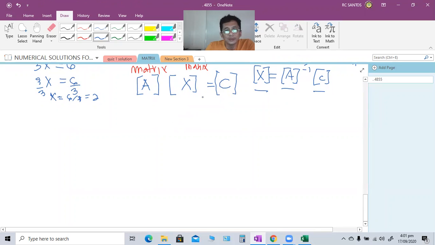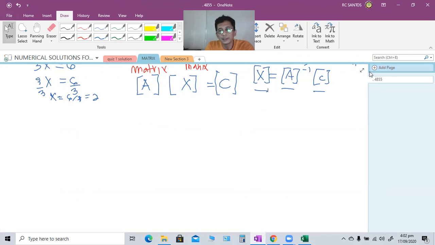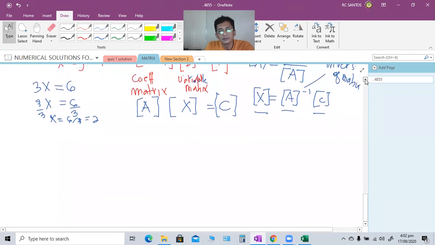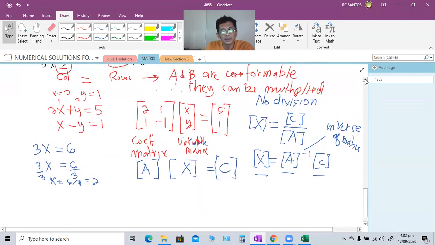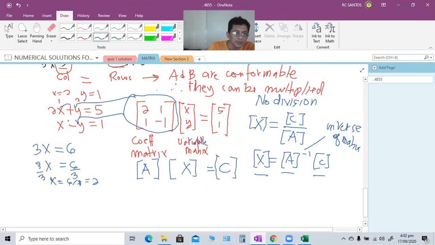Okay, before we do this, let me discuss first multiplication of matrix. So, ayan, nalaman natin na yung matrix, yung mga numbers pala, ito mga numbers na matrix, galing pa lang sa coefficient. Yan, coefficient yan. So, naging meron kang ganito.